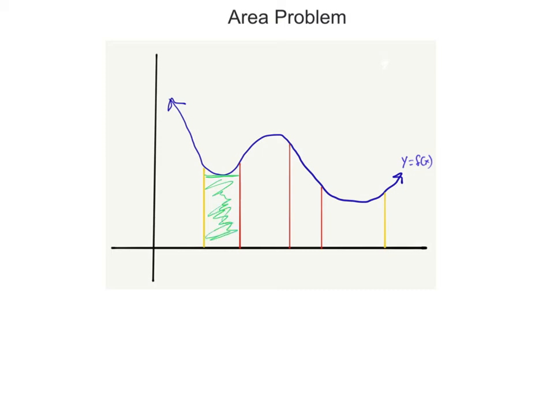I just have to know what the height of the rectangle is, and I'm able to identify what that change in x is. This would be delta x1. So the area there is going to be delta x1 times whatever we get for the function value at the point where we're calculating our height.